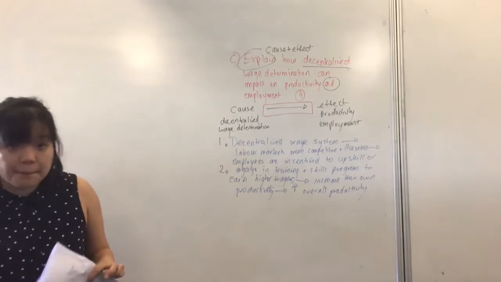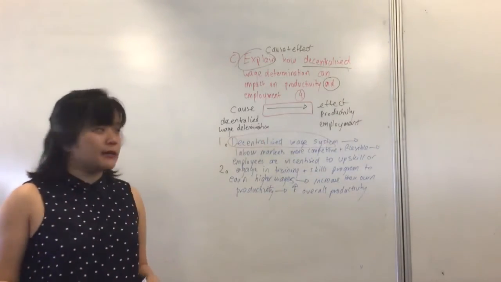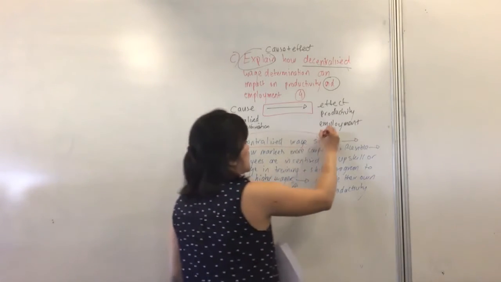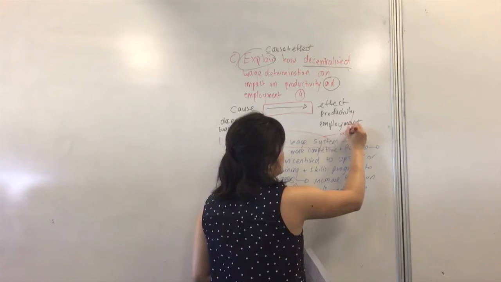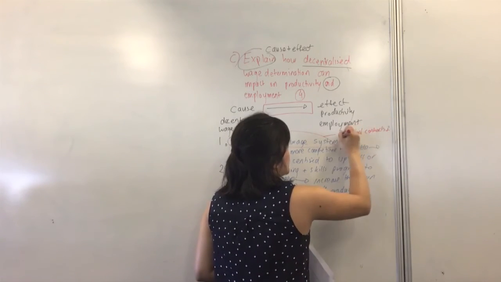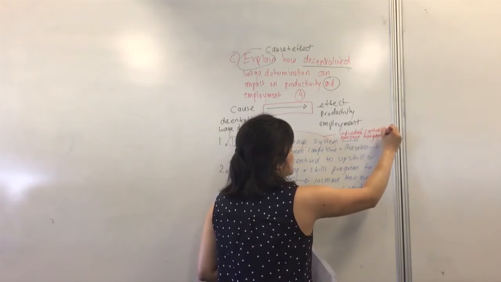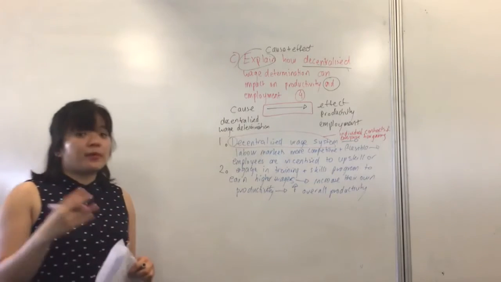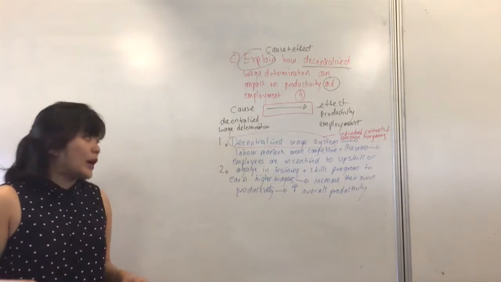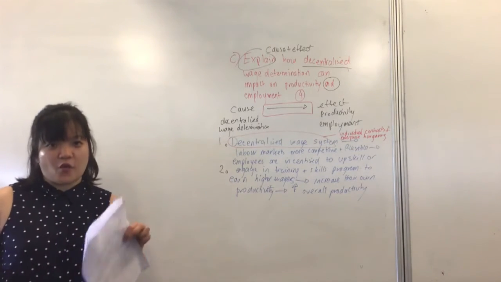I've gone from the cause, which is moving towards a decentralized wage system, based on awards, individual contracts plus enterprise bargaining, labour markets become more competitive and flexible, employees are incentivized to upskill to earn higher wages, they increase their own productivity, which in turn increases the productivity overall.